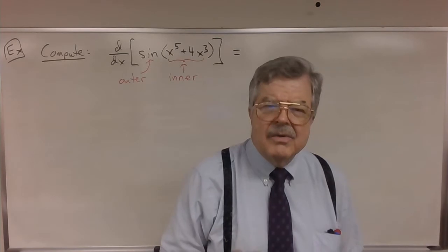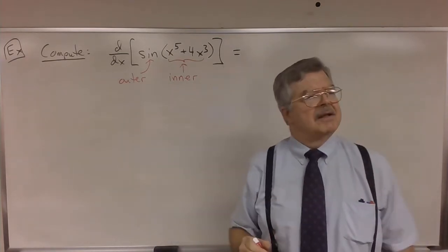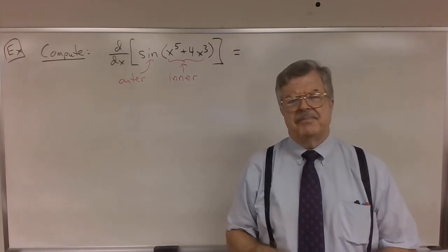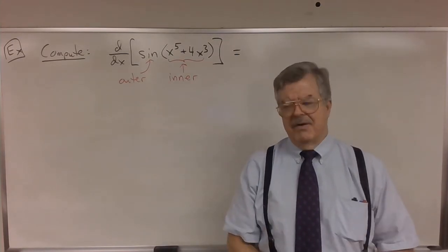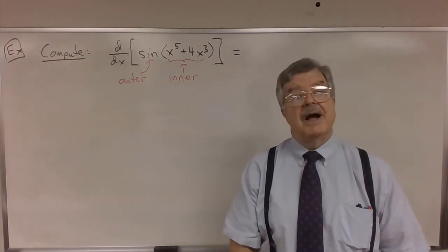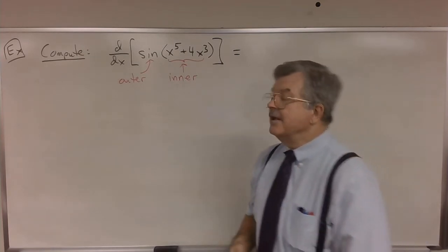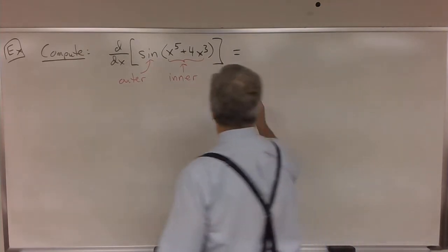And we know, according to the chain rule, what we're supposed to get. The derivative of the outer evaluated at the inner times the derivative of the inner. Yeah, we know it. So let's write it out.